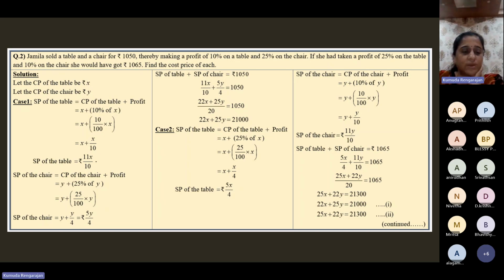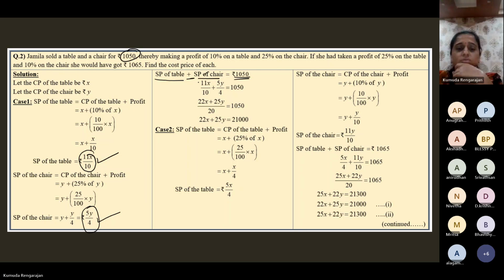Now we found the selling price of the table and the selling price of the chair. Selling price of the table plus the selling price of the chair is equal to 1050, which means 11X by 10 plus 5Y by 4 is equal to 1050.